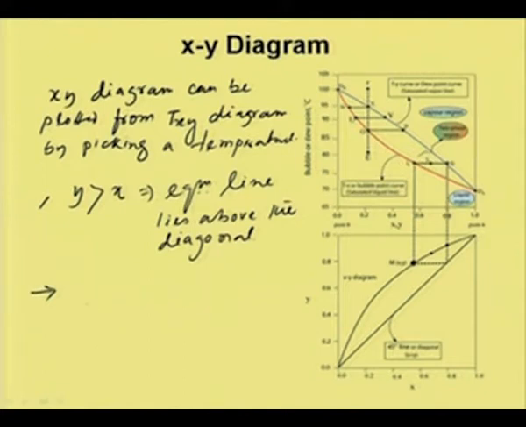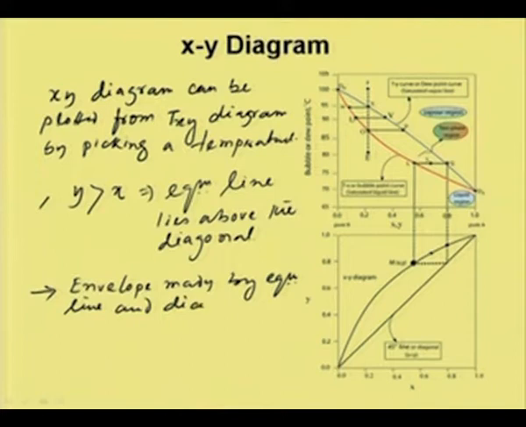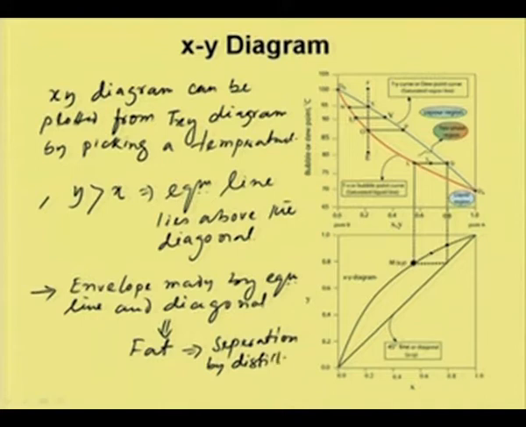So, if the envelope made by the equilibrium line and the diagonal is fat, then separation by distillation is easier.